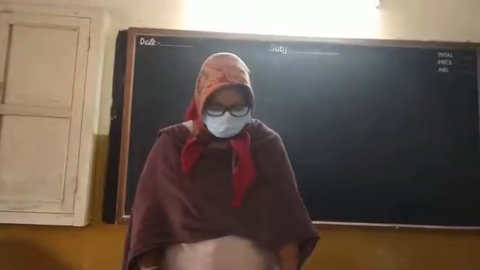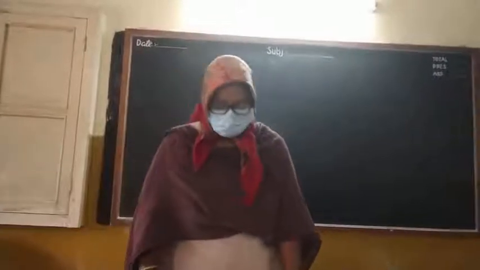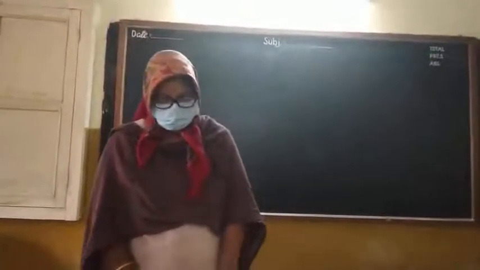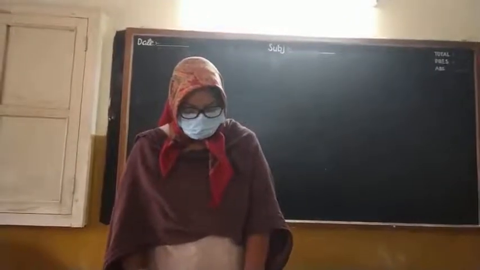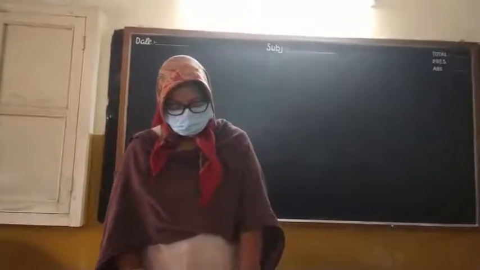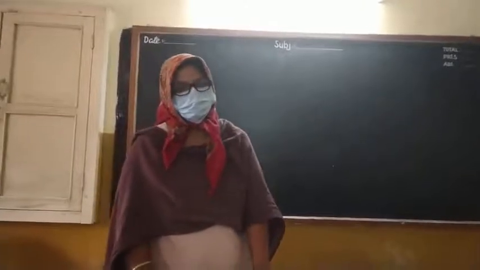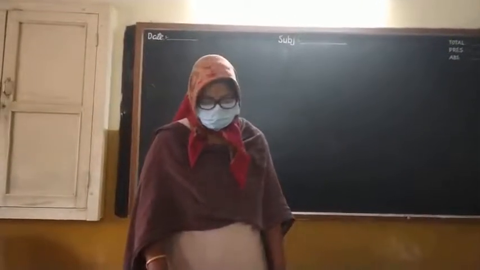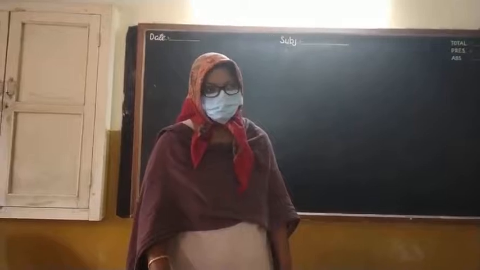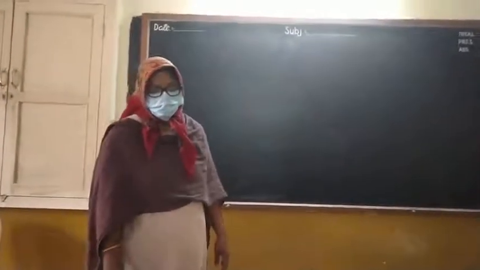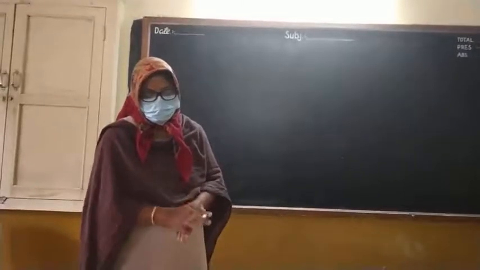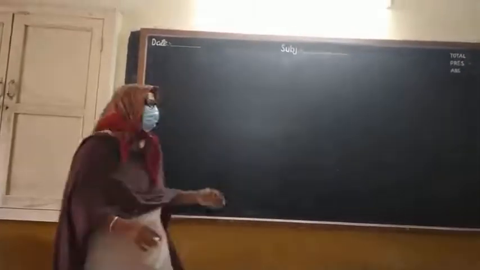The diameter of the moon is approximately 1/4 the diameter of the earth. Find the ratio of the surface area. See, diameter of the moon is approximately 1/4 the diameter of the earth.